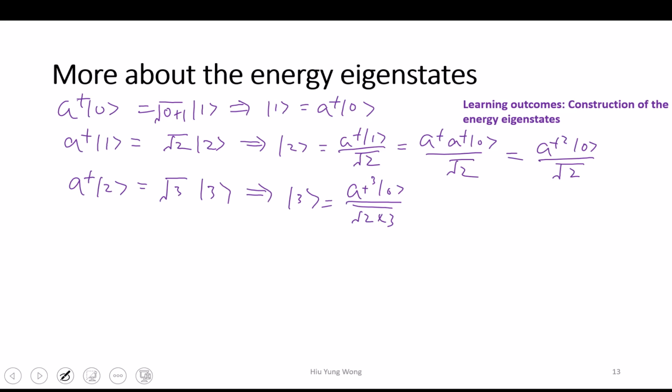Okay, so you keep doing this, eventually you just prove by induction or whatever, or just trust it. If the nth state, right, the nth photon state is just A dagger to the power n operating on 0, but divided by square root of n factorial. Okay, so that is how you can construct a higher state.